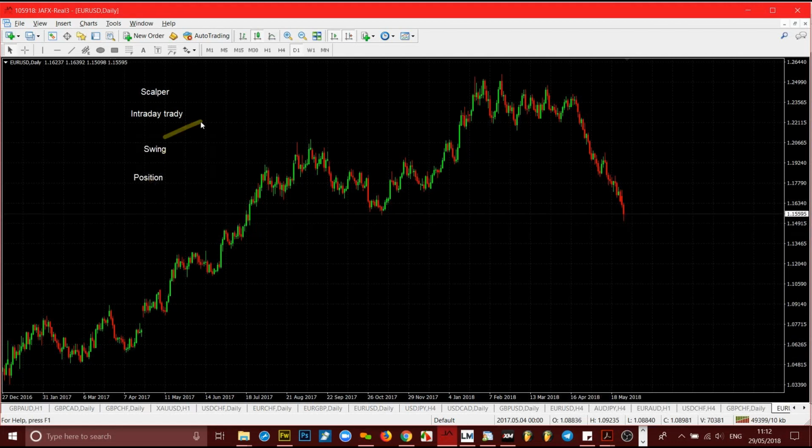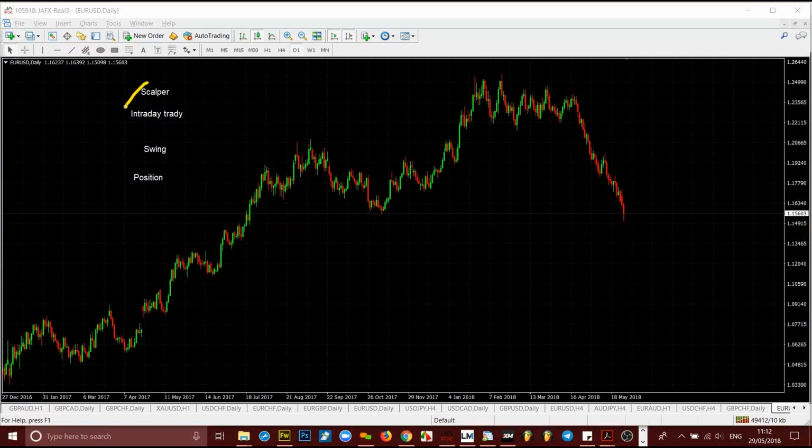But where we are right now, you and I and every one of those retail traders, we tend to trade within this level. For the new traders, we encourage you to be these people. Scalping is a different kind of strategy.